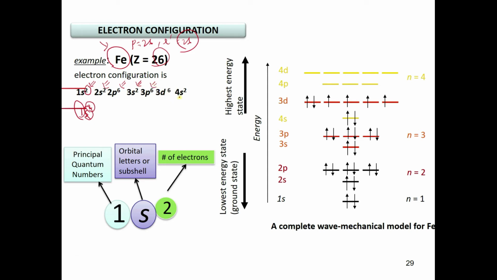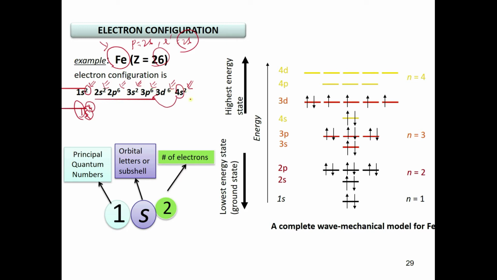Then 4s is filled up first before 3d, so 4s gets 2 electrons, and another 6 electrons fill up the 3d orbital. If you total up: 2 plus 2 plus 6 equals 10, plus 2 is 12, another 6 is 18, plus 2 is 20, plus 6 is 26.